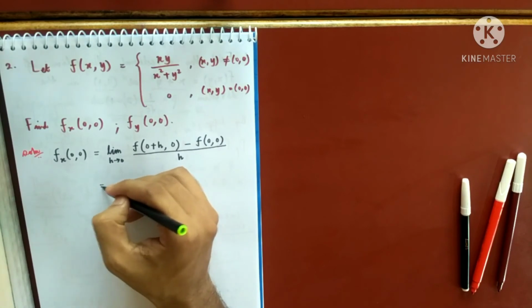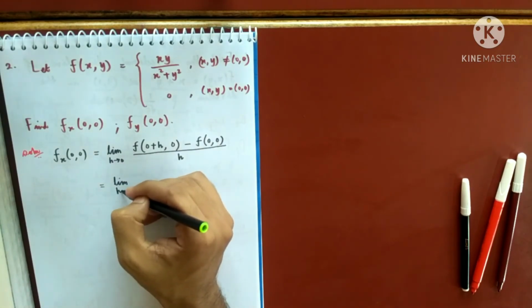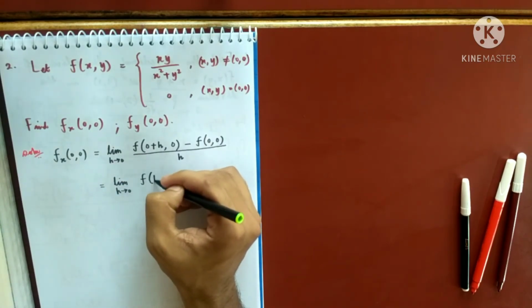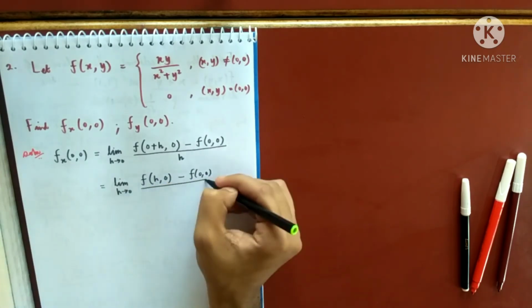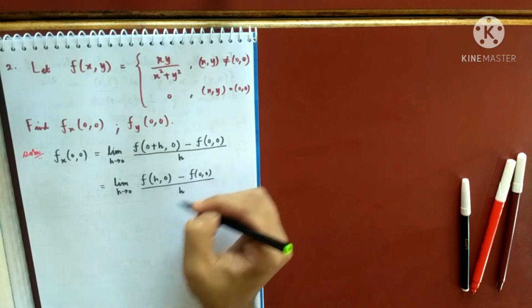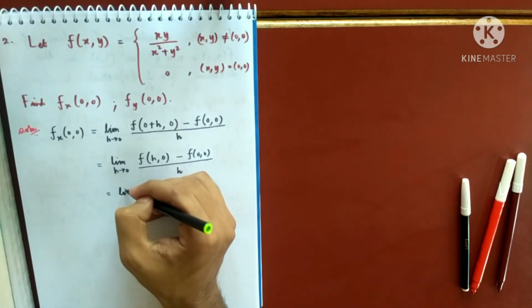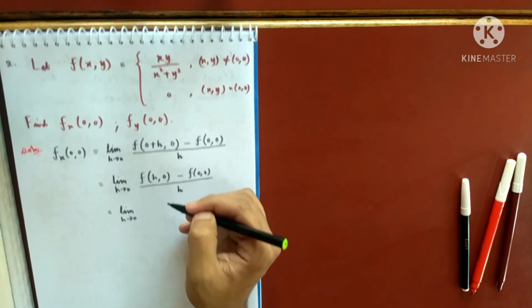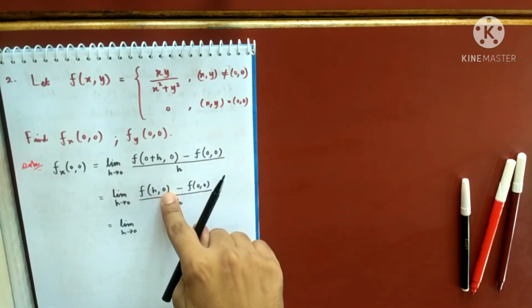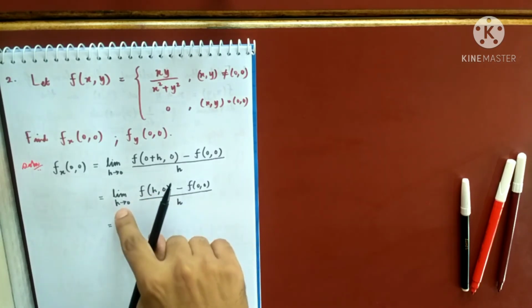What is this? Limit h tends to 0, f of h comma 0 minus f of 0 comma 0, by h. Now you see here f of h comma 0. h is never 0 because we have h tending to 0.